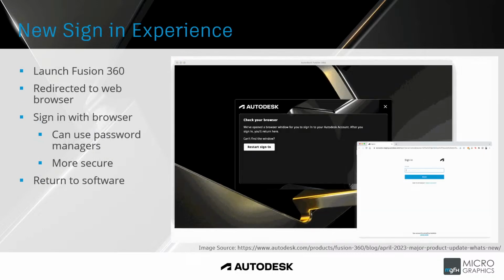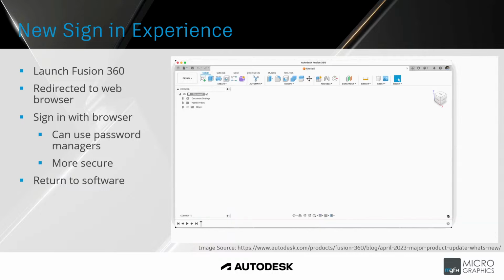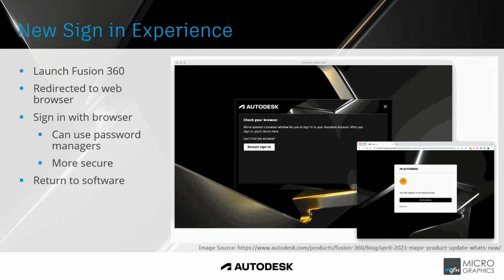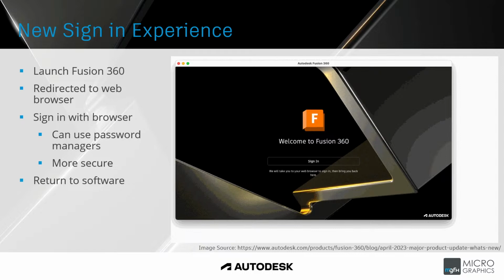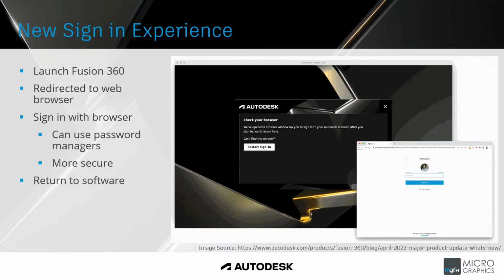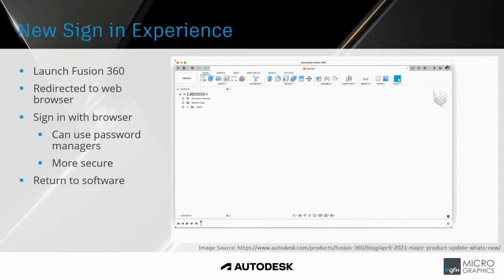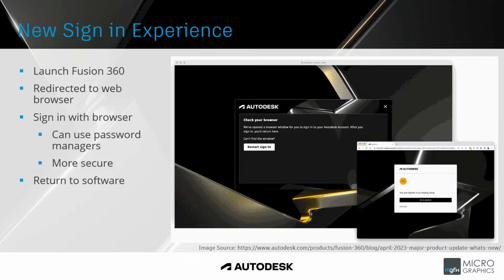So moving on from the intro, going into the new sign-in experience. You may have already seen this, or if you haven't been using Fusion much, you may still experience it. When you launch Fusion 360, before the update, you used to get Autodesk's sign-in window to sign into Fusion 360 if you were not already signed in.